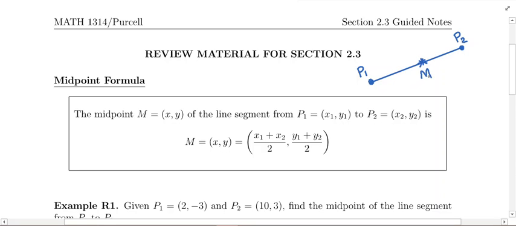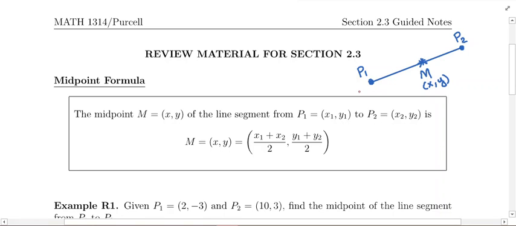That would be the midpoint, and it's going to be located at some ordered pair, because we're going to be assuming that this line segment is located somewhere in the plane. So your midpoint will have a certain x coordinate and a certain y coordinate, and you're able to calculate it based off of the coordinates of P1 and P2.